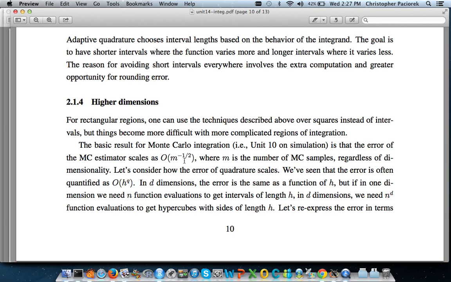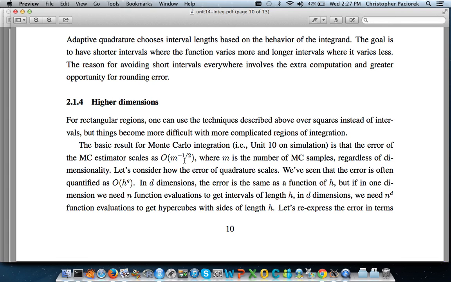If you think about it, we divided up our domain in one dimension into intervals of length h, and there are going to be n of these points at which we evaluate the function. Now let's think about what has to happen if we go up to 2 dimensions and we're evaluating an integral.